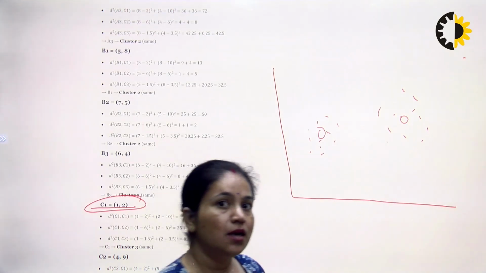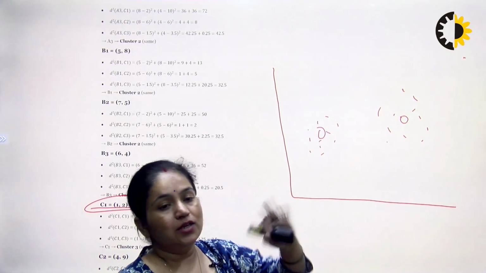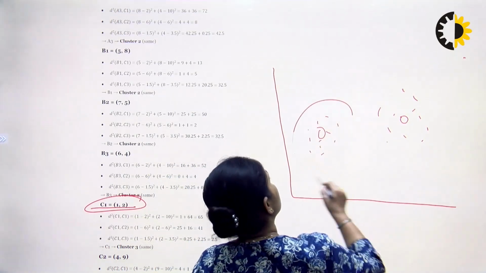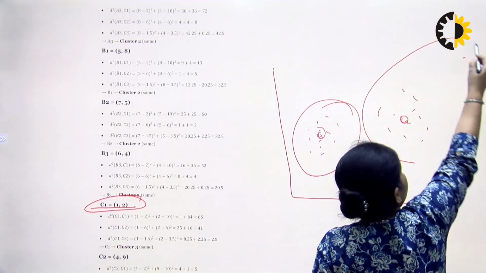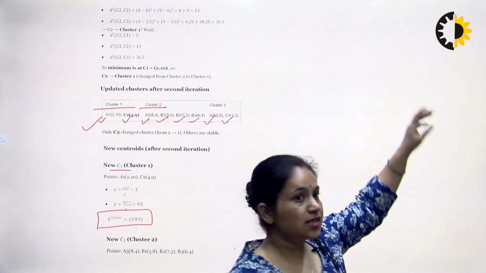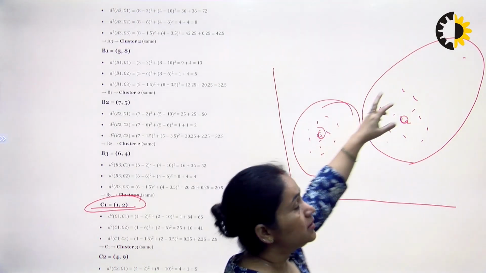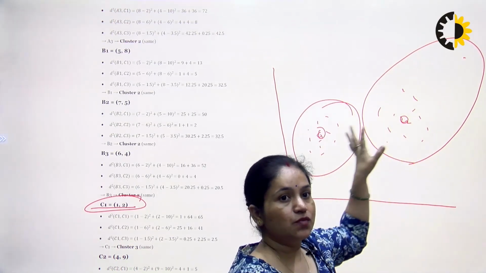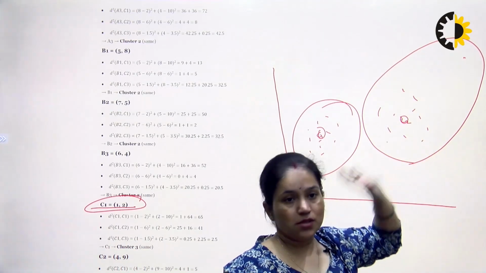I'm talking about the far element. So, I said that we need to make two clusters. I will take this one, C1, and this is our C2, which will be made like this. As well, you can see this element will have more distance with C1 compared to C2. So, we will put it into C2.